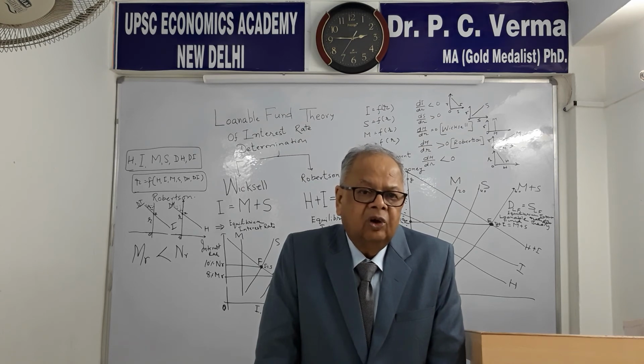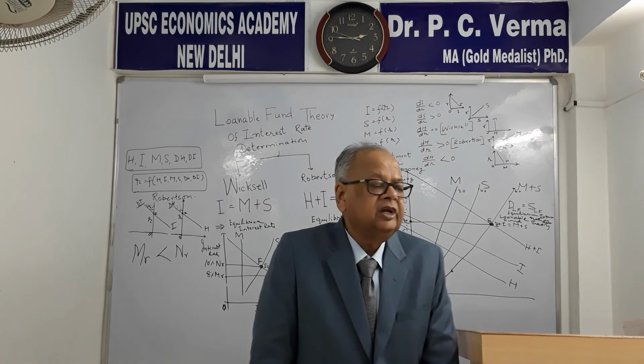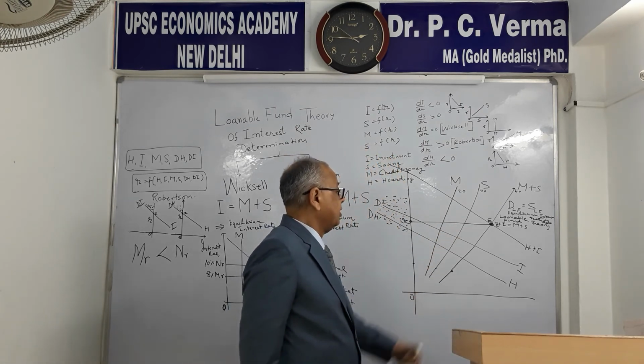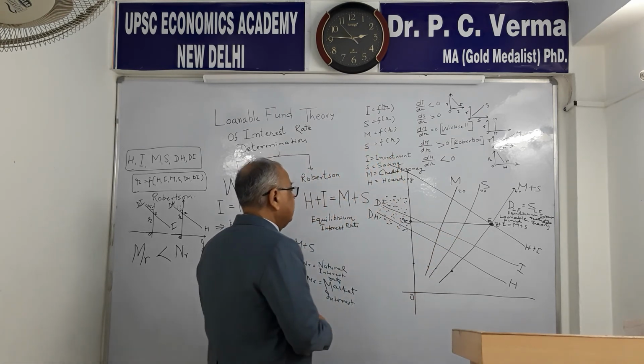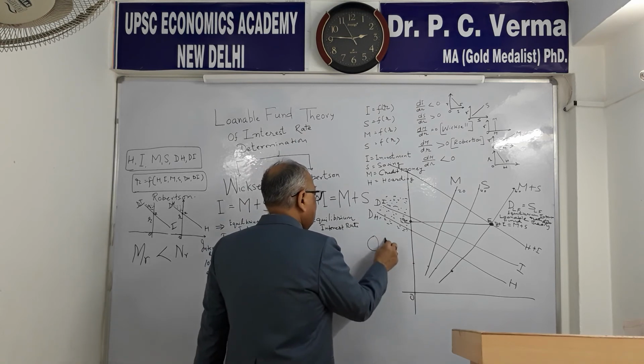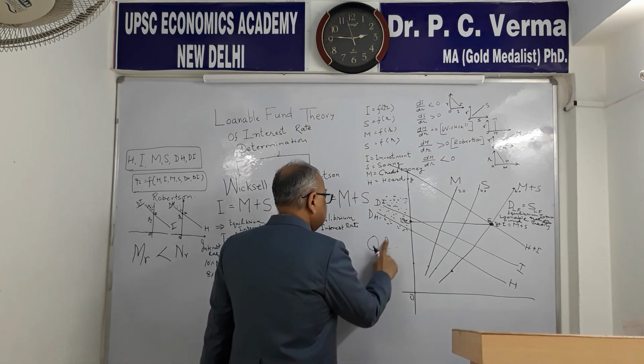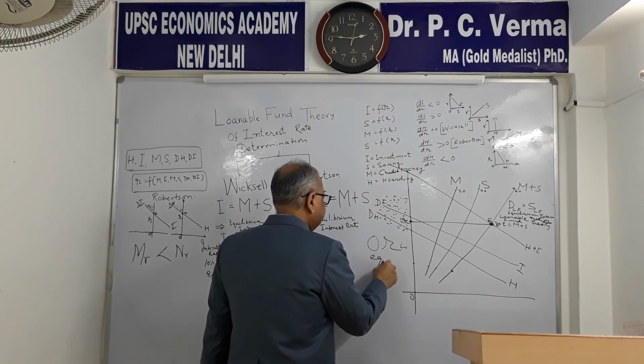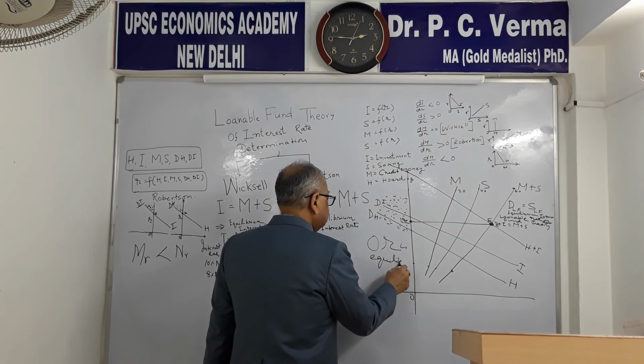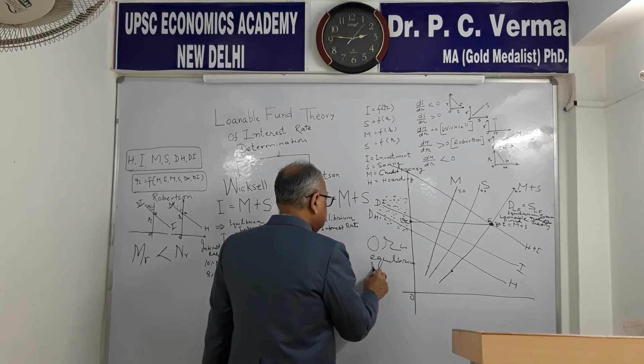Bank money is also there, credit money is also there as a supply of loanable fund. Supply of loanable fund and demand for loanable fund are both equal at point E. Therefore, OR is the equilibrium interest rate.